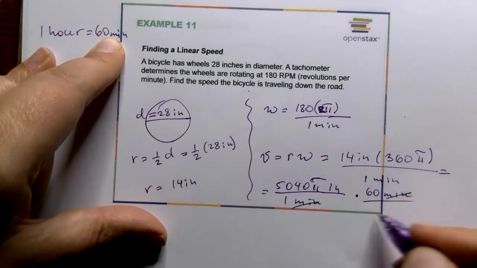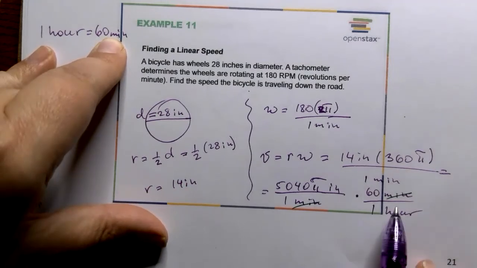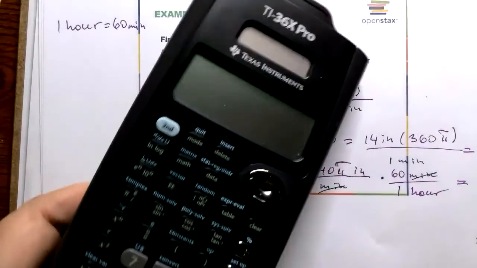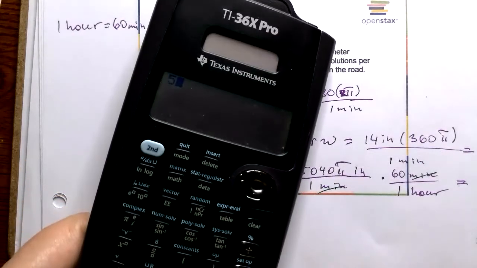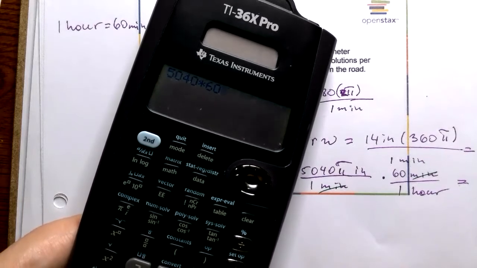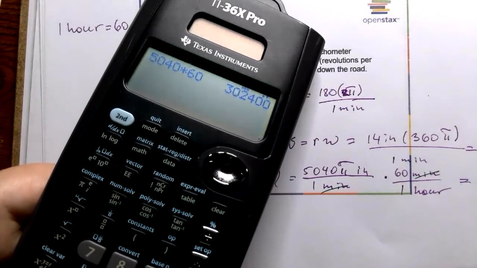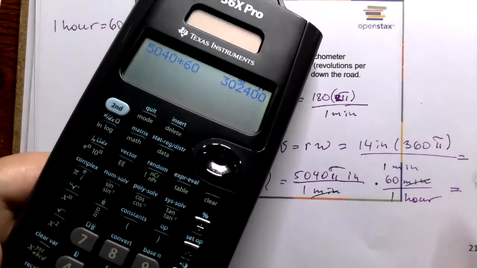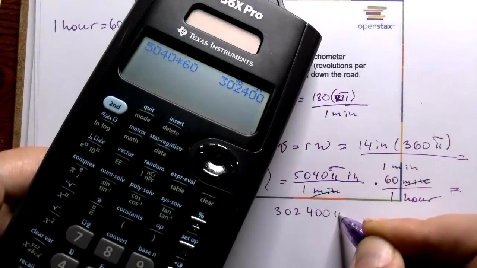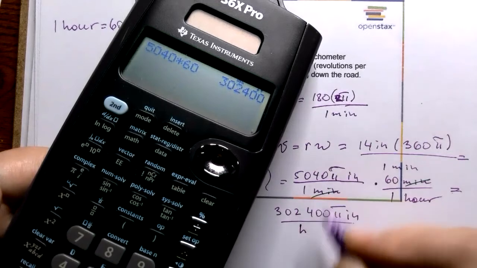And then an hour will go down. So we're increasing this number even more, so multiplied by 60. That's giving me 302,400 pi inches over 1 hour, right?